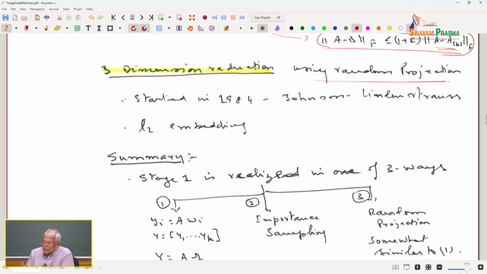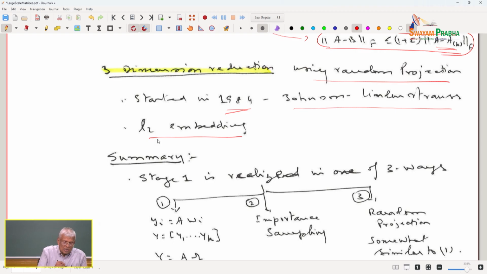Using the random projection by Johnson, Lindenstrauss in 1984, they developed the theory of what is called L2 embedding, which we already talked about. Given a set of n objects in a larger dimensional space, how do you embed them in a smaller dimensional space while keeping the L2 distance?